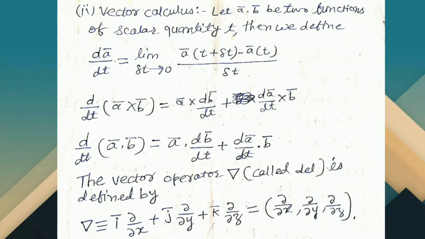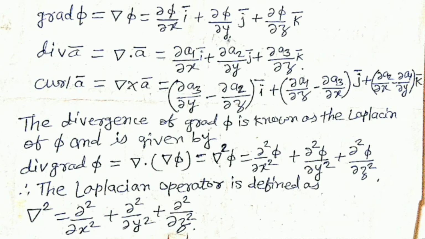Now suppose that phi of xyz and psi of xyz are scalar point functions, and a bar of xyz and b bar of xyz are vector point functions. So we define some basic terms, namely gradient, divergence and curl. So what is the gradient of phi?